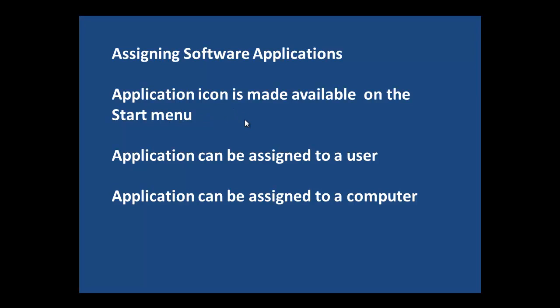Well, if we assign the application to the computer, any user who logs on to that particular computer will have access to the application icon, and they will be able to install it if the user did not previously install that application. The user will be prompted for any required setup information before the program first runs.